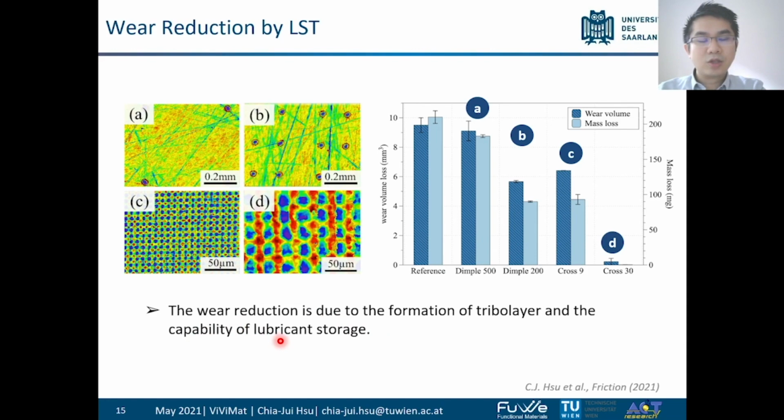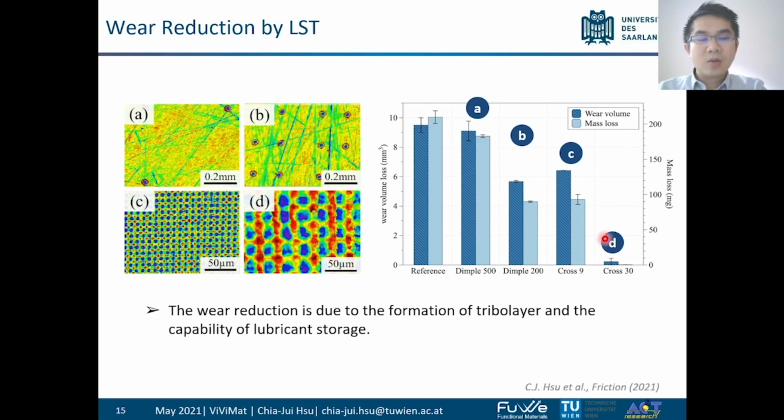But if you still remember, we mentioned that in the boundary lubrication regime, the most decisive effect is whether we can have a fully formed tribolayer on top of the surface.